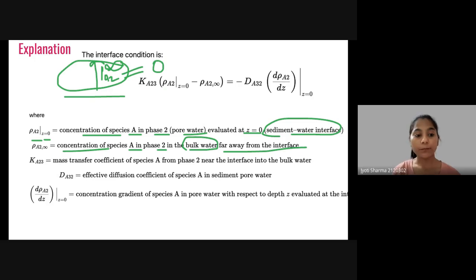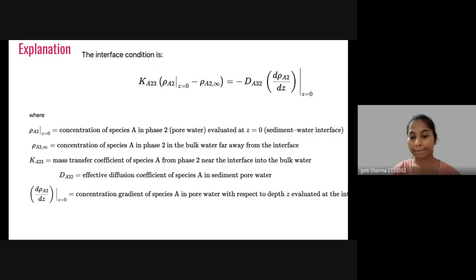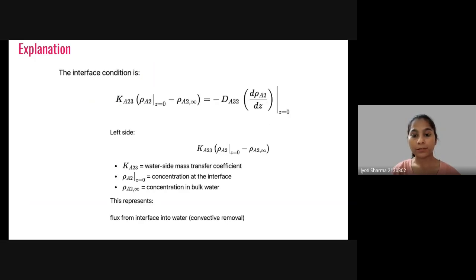Then we have Ka23, the mass transfer coefficient of species A from phase 2, from the interface into the bulk water. And this is the gradient, and the gradient and this diffusion coefficient give you the diffusive flux.